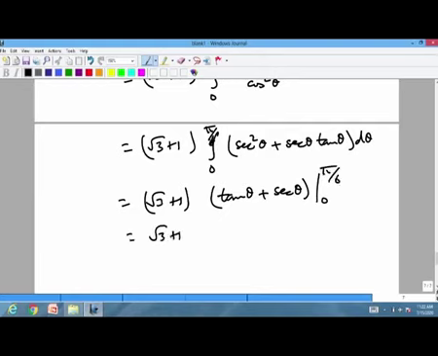This is root 3 plus 1 times tan pi by 6, which is 1 by root 3, plus secant at pi by 6, which is 2 by root 3, minus tan 0, which is 0, and secant 0, which is 1.